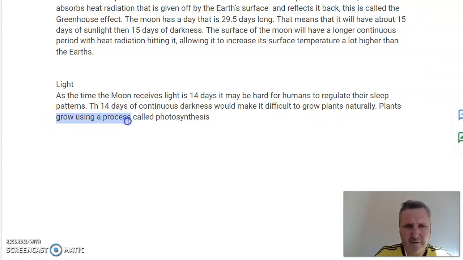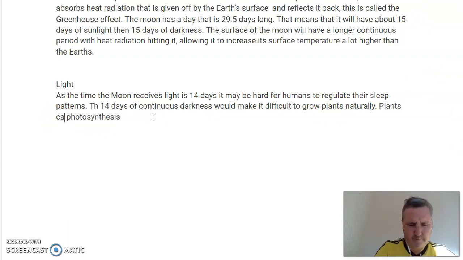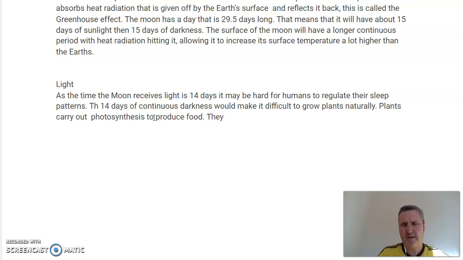Plants carry out photosynthesis to produce food. They can only do this when there is light.